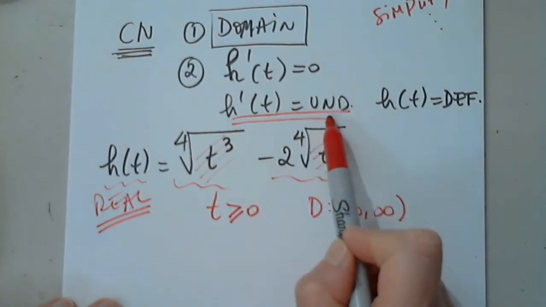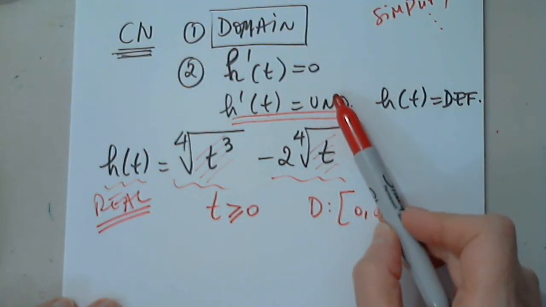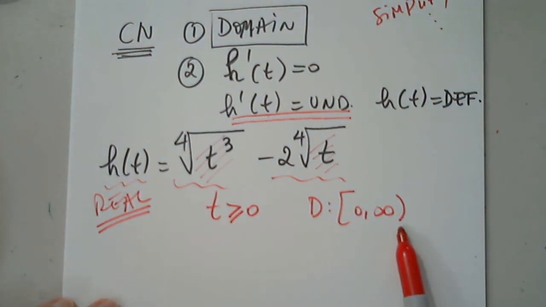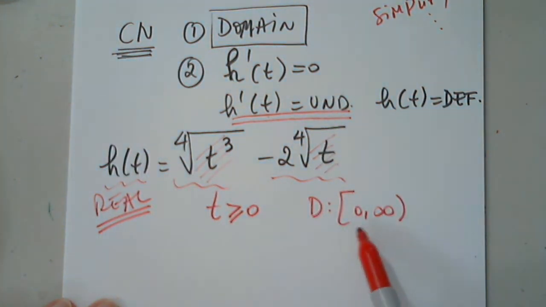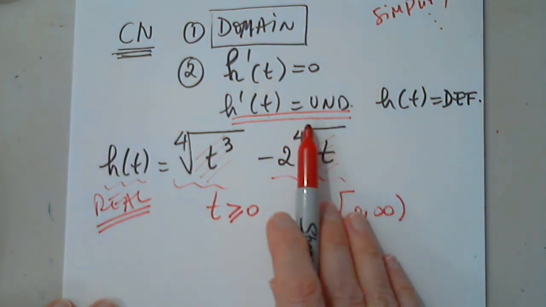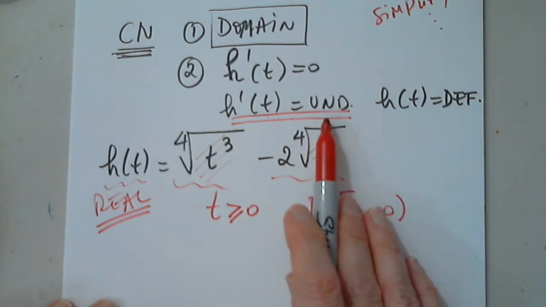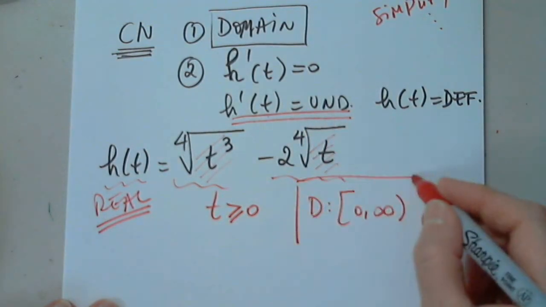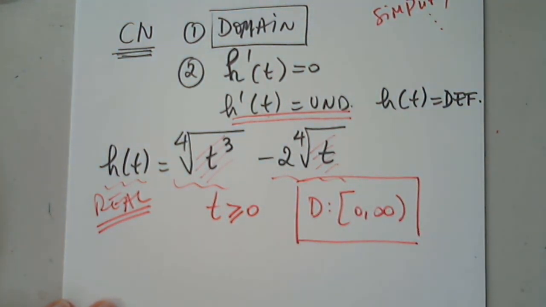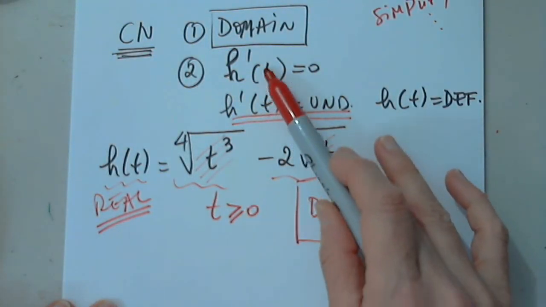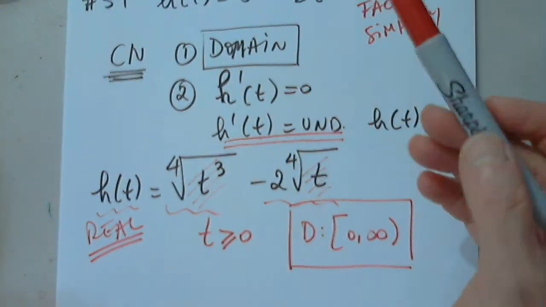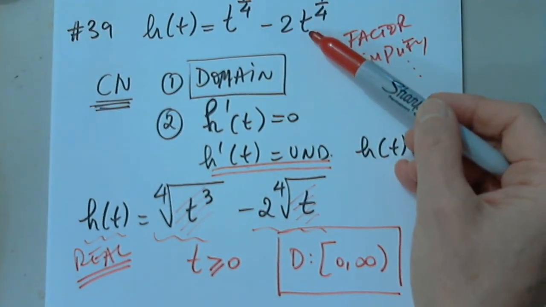If the derivative is undefined at a value here, then we have a critical number. If it's undefined at a number that is not here, then we don't have a critical number coming from this source. So that's why I needed to determine the domain from the get-go. Now, since that's my second step, I have to find the derivative. I will go back to this notation.